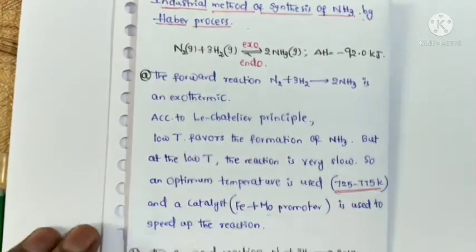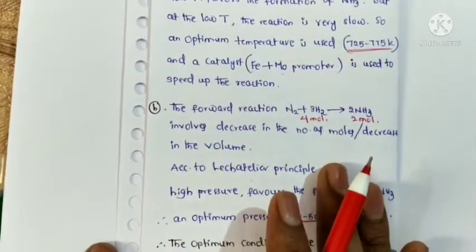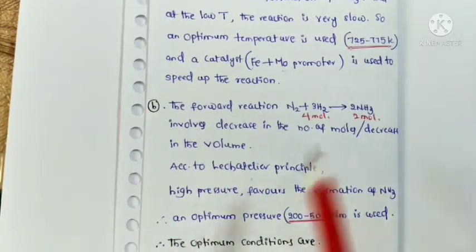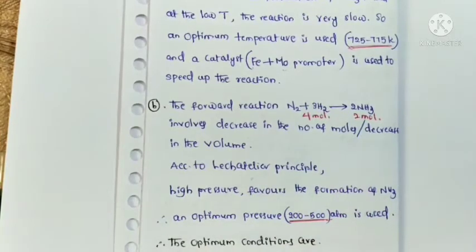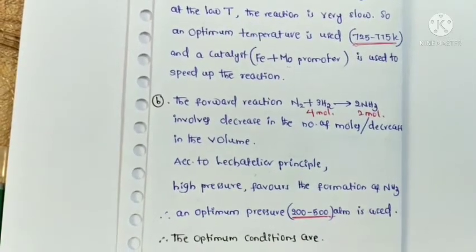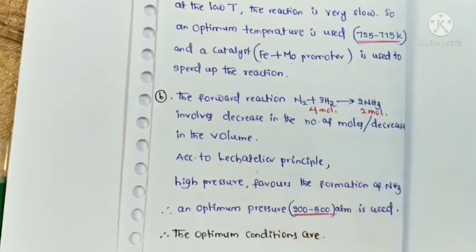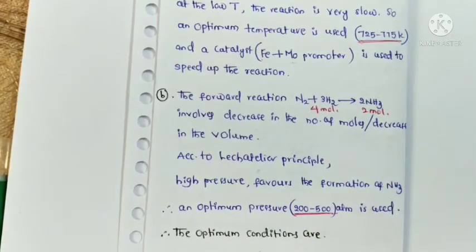Okay. Next, the forward reaction is the production of ammonia. But how many moles? A smaller number of moles of ammonia is produced in the Haber process.